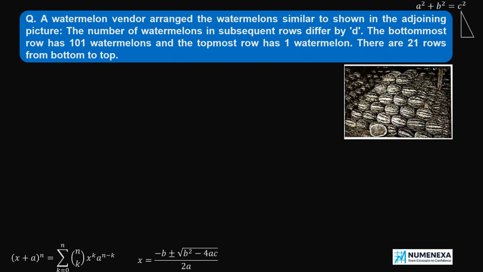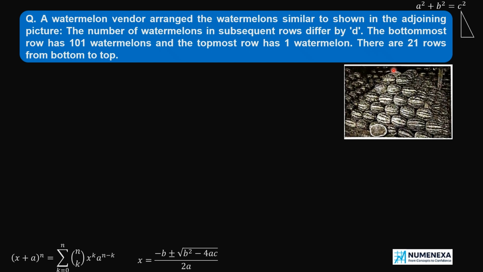The bottommost row has 101 watermelons, and the topmost row has 1 watermelon. There are 21 rows from bottom to top.